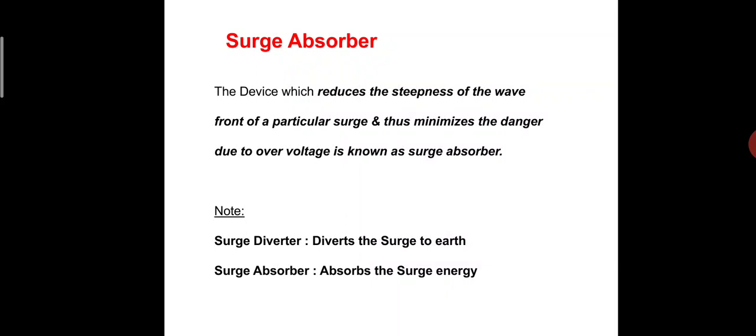A surge diverter diverts the surge to earth. A surge absorber absorbs the surge energy.